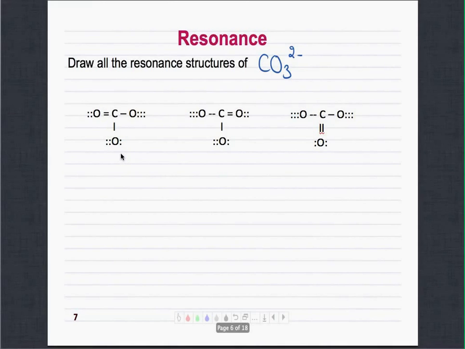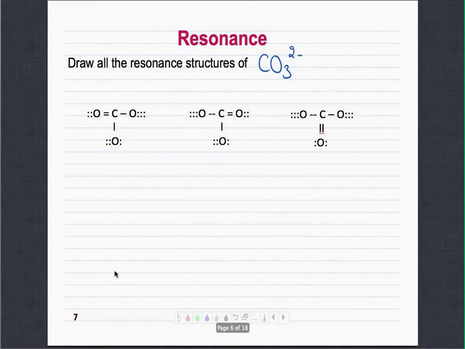How does that take place? Usually the lone pairs on this oxygen are going to be shared with this carbon, and that bond is going to break up and form two lone pairs.